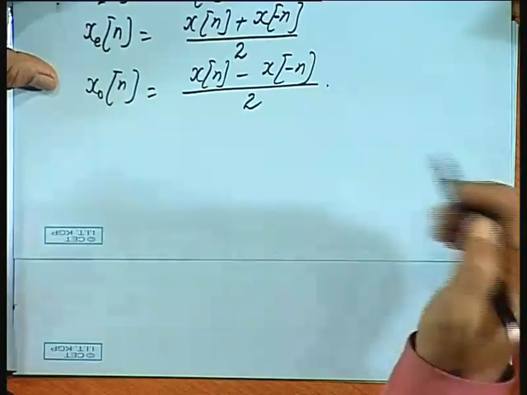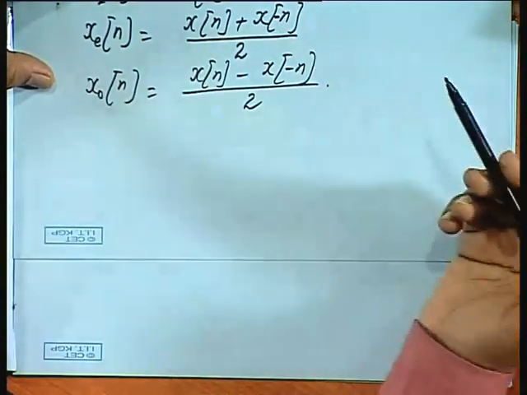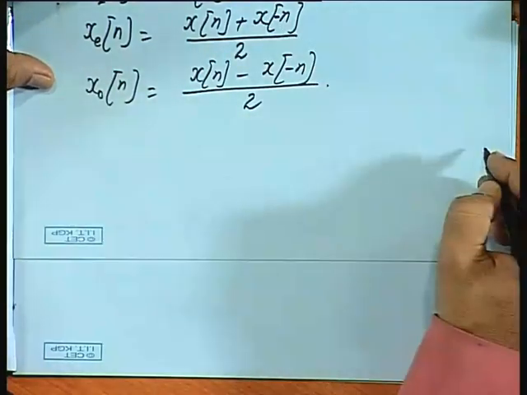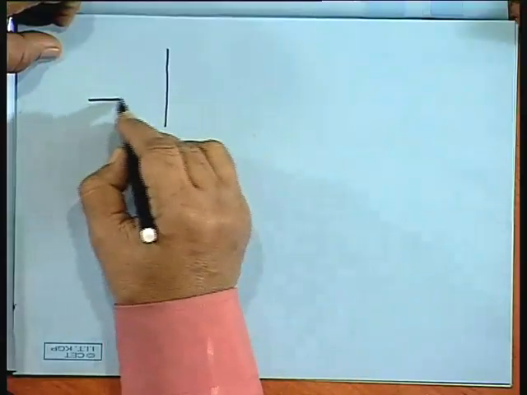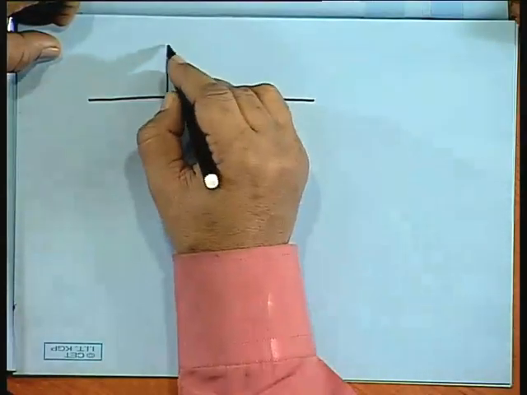If it is causal, then x minus n will be 0. Causal sequence means it will be only on the right side of the x axis. So, from here, can you, okay, I will write it later on. Let me draw some sequences, it will be then clear.